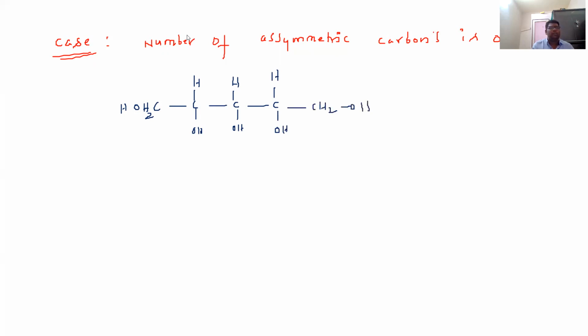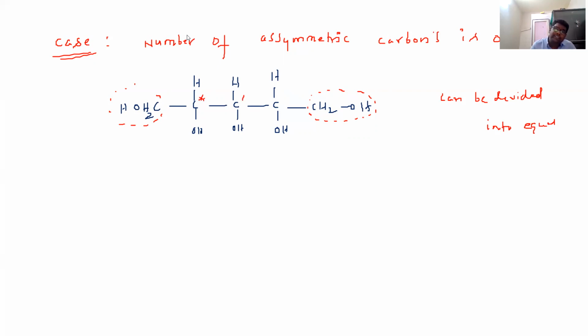To observe this, students, this molecule can be easily divided into 2 equal halves because the terminal groups are the same. This is the CH2OH group, and this is the CH2OH group. Therefore, the molecule can be divided into equal halves.